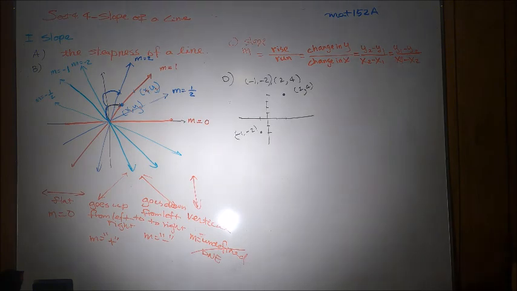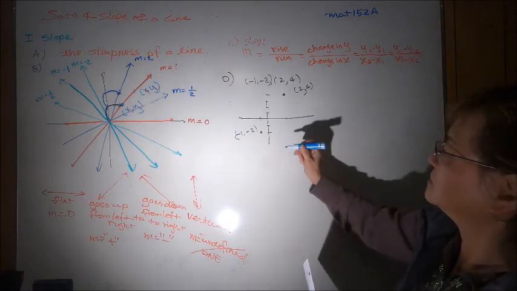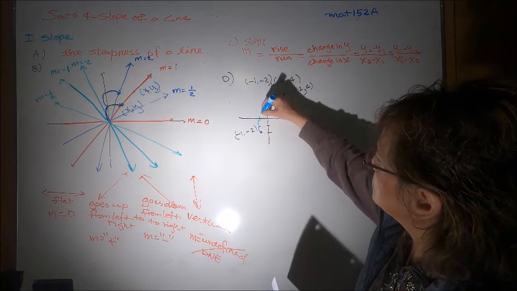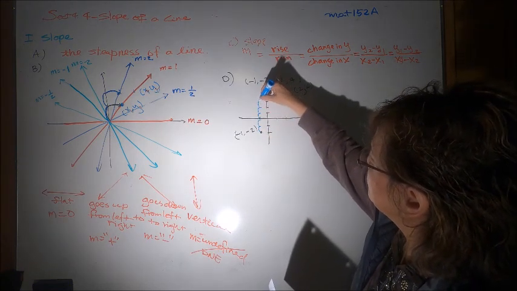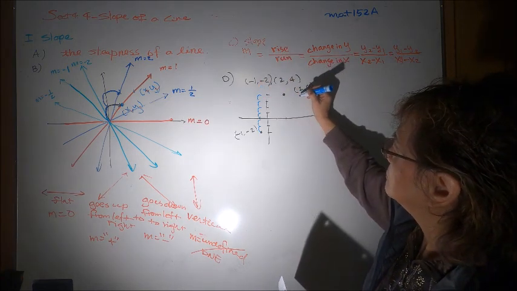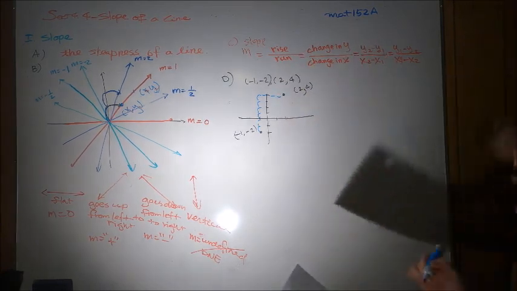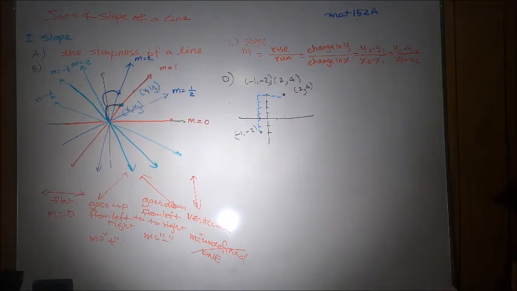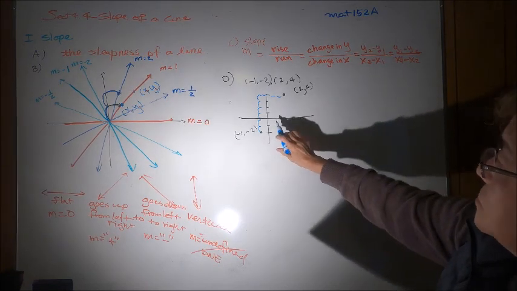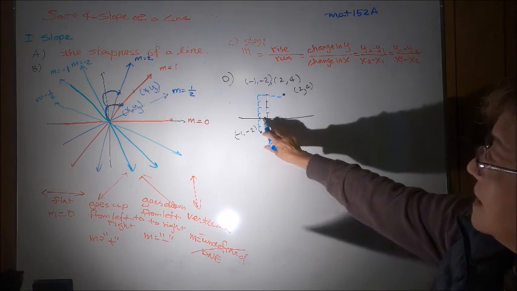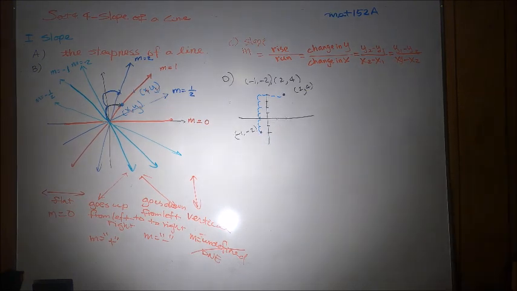So, what do you think the slope would be? So you do rise and run, right? You rise 1, 2, 3, 4, 5, and 6, right? Run over how many? 1, 2, 3. Is that right? Let me see, (2, 4), (-1, -2).